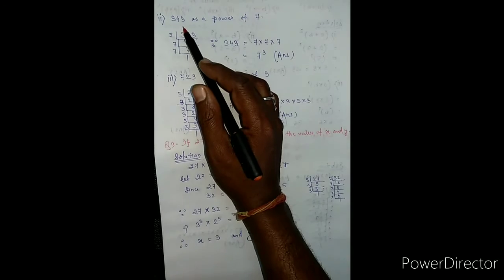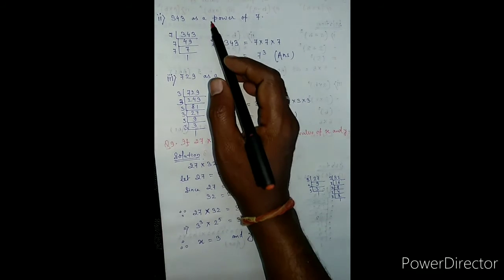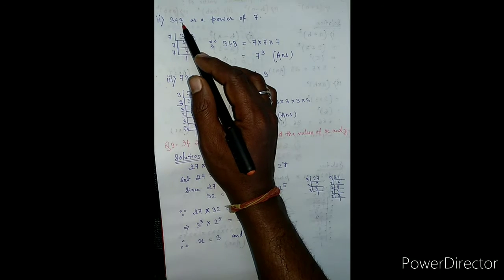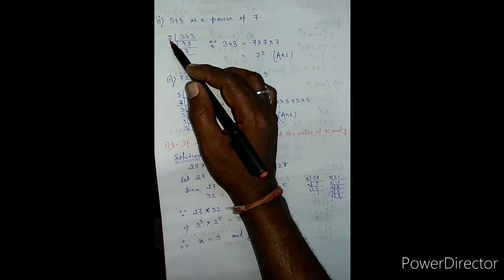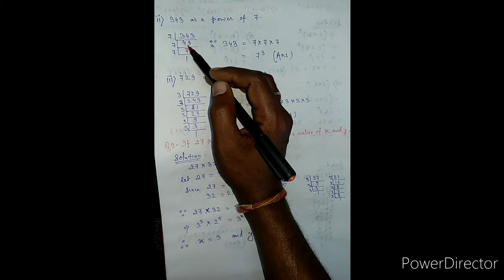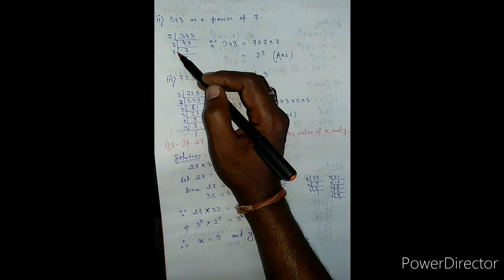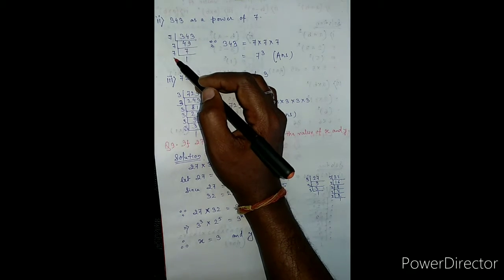Now see question number 2, 343 as a power of 7. Now same, we have to factorize this 343 by prime factor method. So it's dividing by 7. After dividing by 7 we get 49. 49 divided by 7 gets 7 and 7 divided by 7 we get 1. Now here 3 times 7 is appearing.